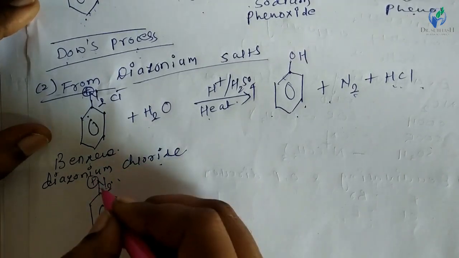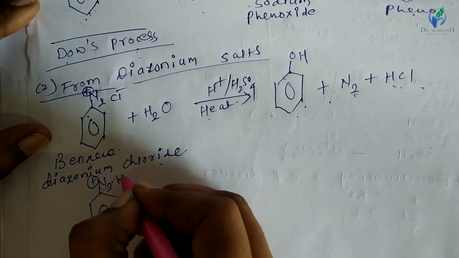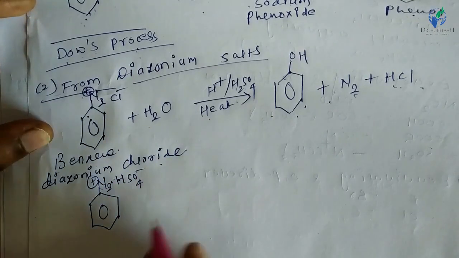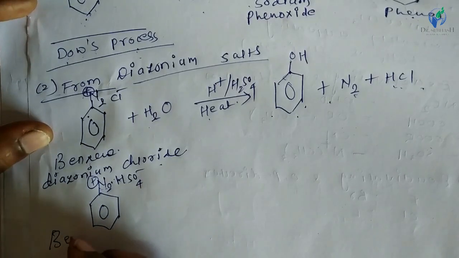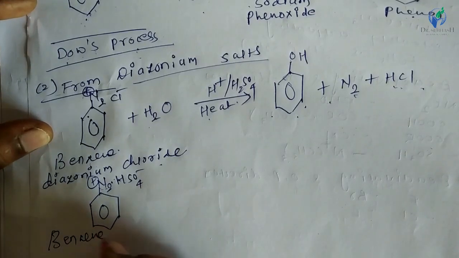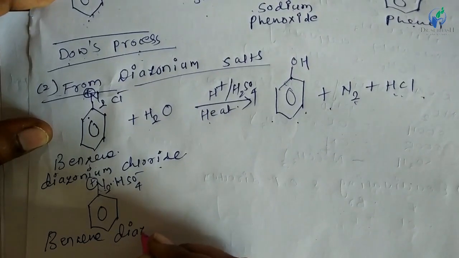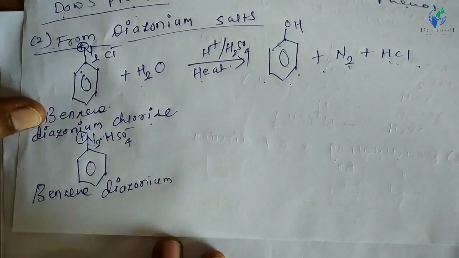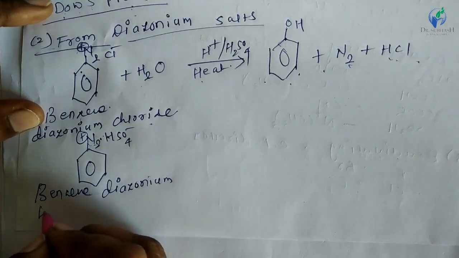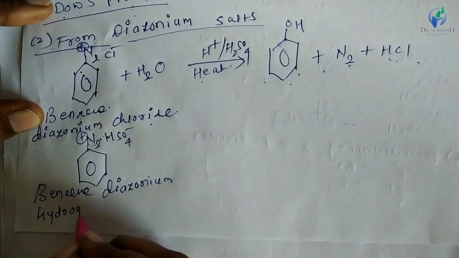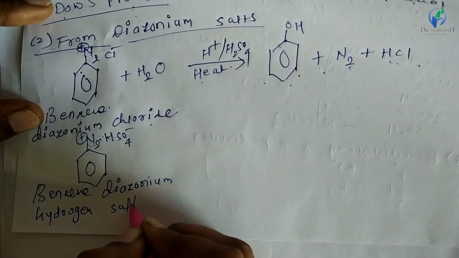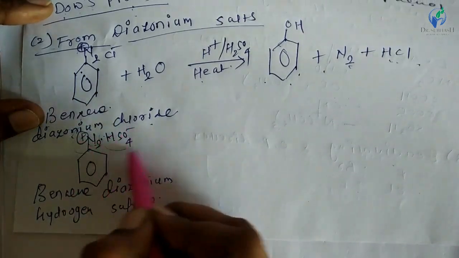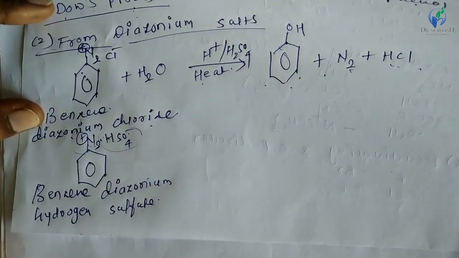This is benzene diazonium HSO4, hydrogen sulfate. So the whole name of this compound is benzene diazonium hydrogen sulfate. Right? Benzene, this one is diazonium, and hydrogen sulfate.